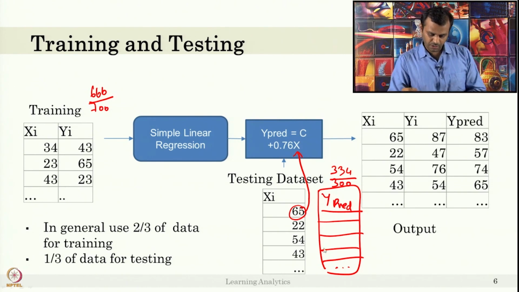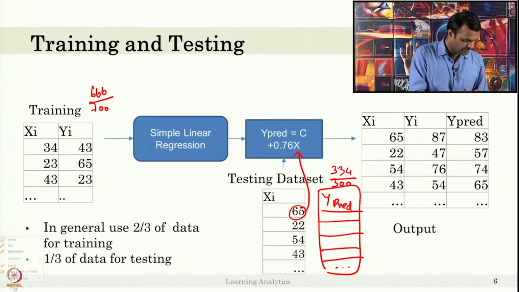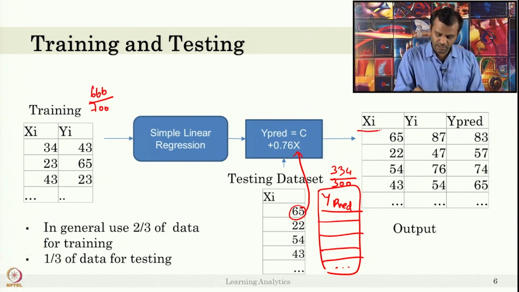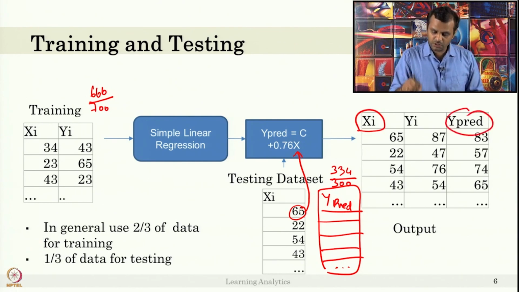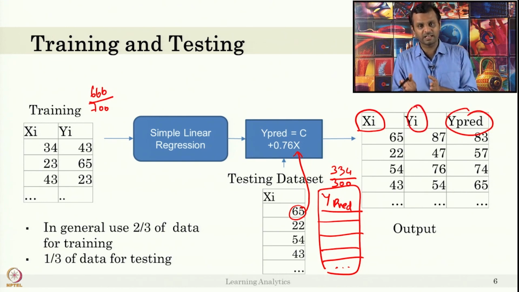So, the output for this testing data will be xi and this y prediction after applying the value here. Also you know what is yi because you already collected it in a supervised learning algorithm. So, you have yi.